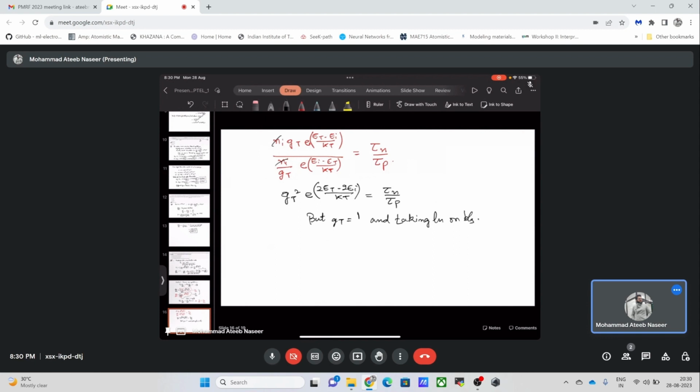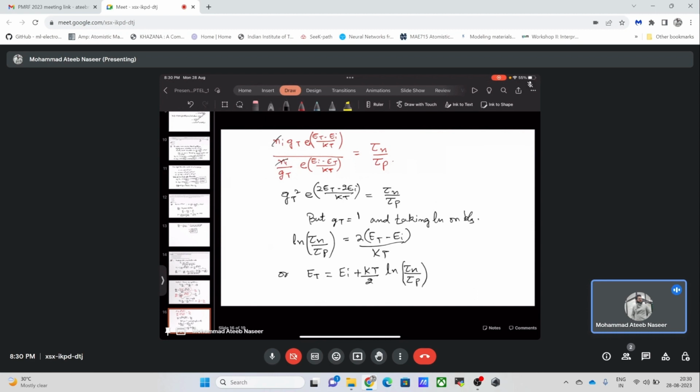It is now ln of τn/τp equal to 2 times (Et − Ei)/kT, or simply Et is equal to Ei plus (kT/2) ln of τn/τp.